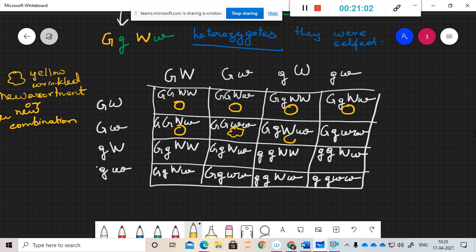This is again yellow round, and again yellow wrinkled, and again a new combination comes, the green round.